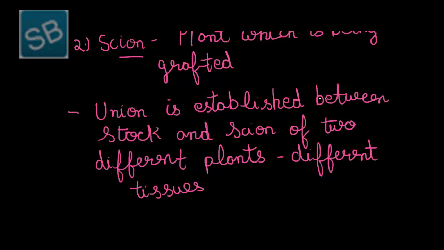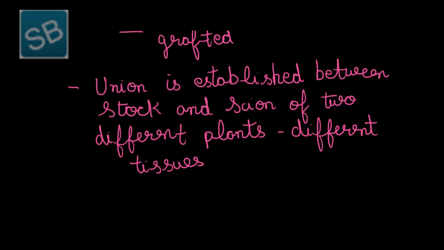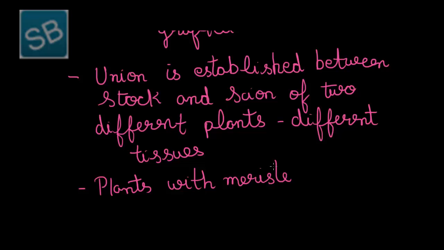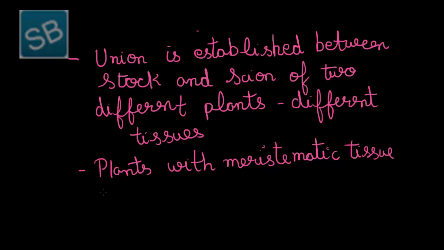However, plants with permanent tissue can also be induced with the help of grafting, but the ones that possess meristematic tissue are more preferable. Therefore, plants with meristematic tissue can be obtained easily with grafting.